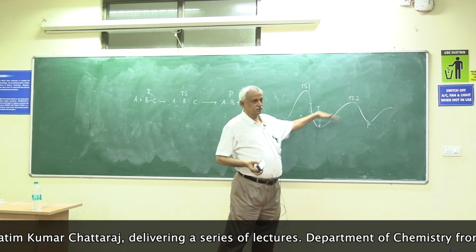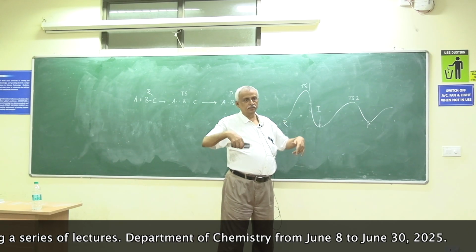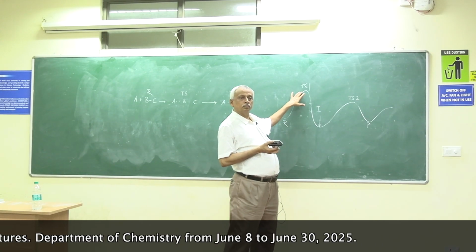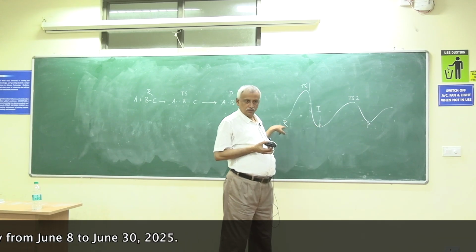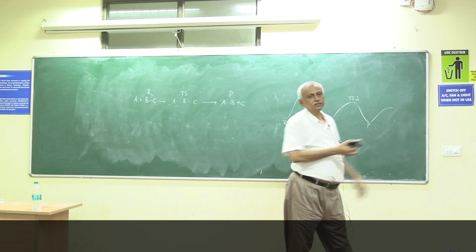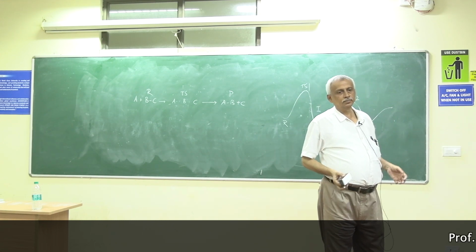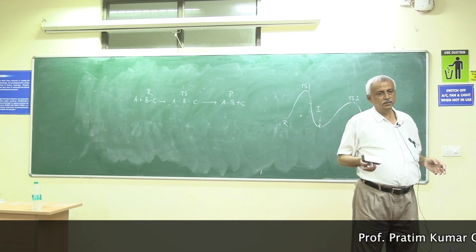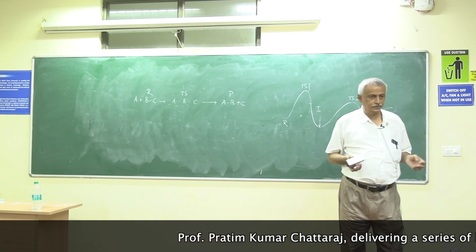Along the potential energy surface, these are projections along the minimum energy path. The transition state is a maximum, but an intermediate is a minimum, like the reactant and the product. So this is one dimensional. There may be several products formed via several intermediates, so you may have branching in different ways also.